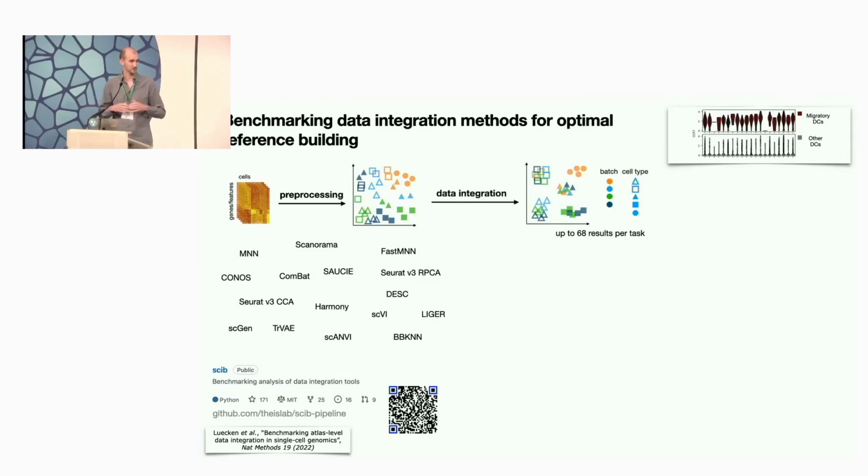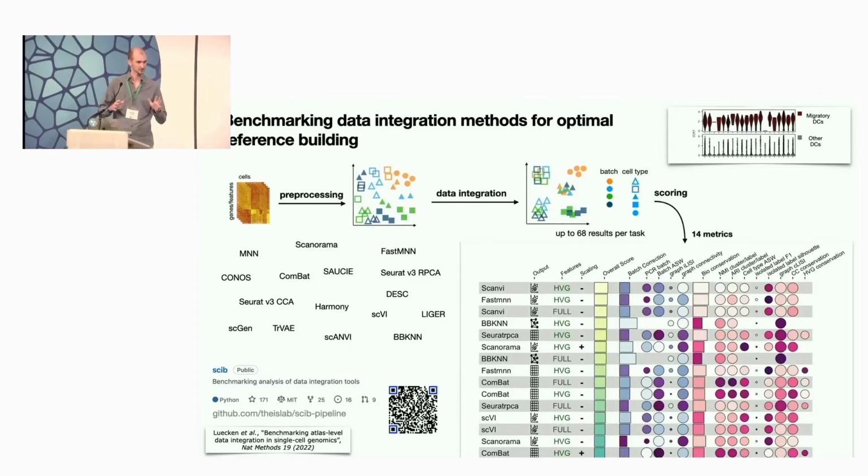If we had applied every single version of every single method, we would have gotten 68 different results, and we sub-selected a few here to be a little bit faster. And then we just applied a battery of tests. We developed a couple of metrics recently to evaluate different aspects of batch integration at different resolutions, and a whole host of metrics trying to encode intuition for what biological variation we expect to find. That will not be perfect, but that's the best we could do at the time.